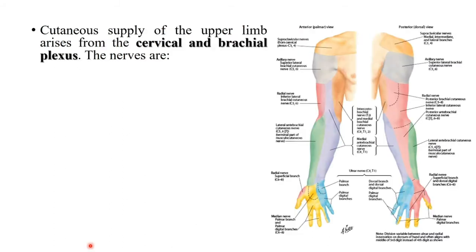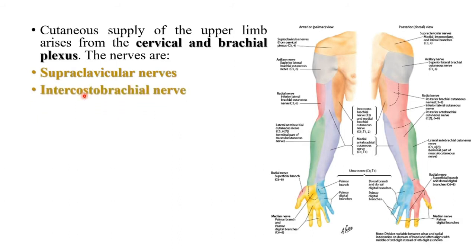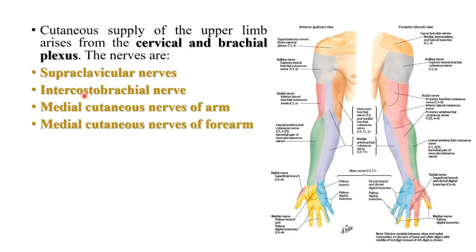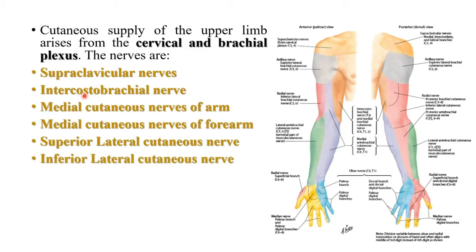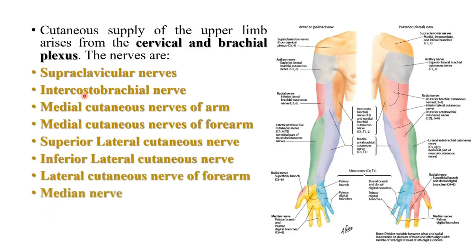The cutaneous supply of the upper limb comes from the branches of the cervical and brachial plexus, and these nerves include the supraclavicular nerve, intercostobrachial nerve, medial cutaneous nerve of arm, medial cutaneous nerve of forearm, superior lateral cutaneous nerve of arm, inferior lateral cutaneous nerve of arm, lateral cutaneous nerve of forearm, median nerve, ulnar nerve, and the radial nerve.